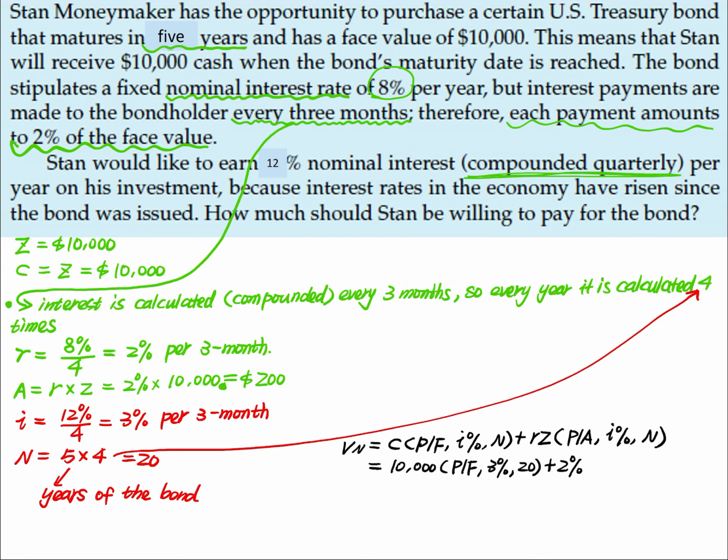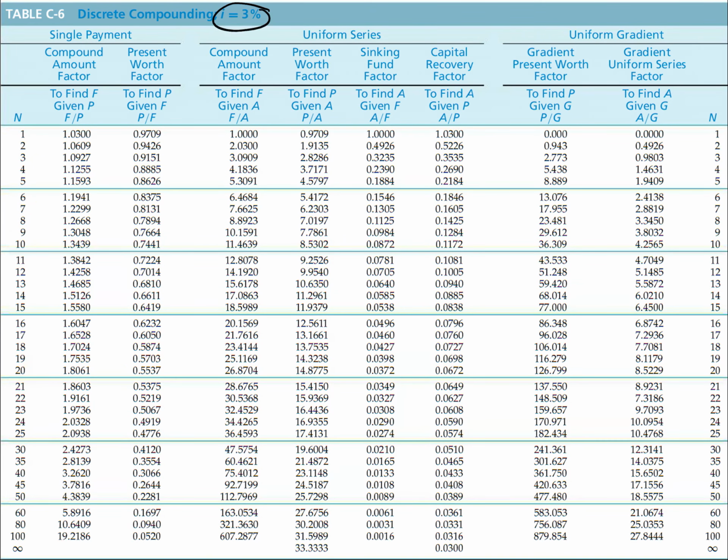The factor is P/F, I is 3%, N is 20. R is 2% per 3 months, Z is 10,000. Factor P/A, I is 3%, N is 20. So that is the value you want to use.